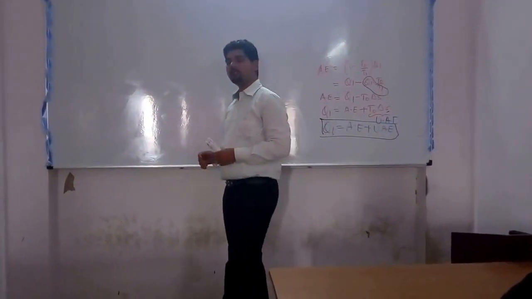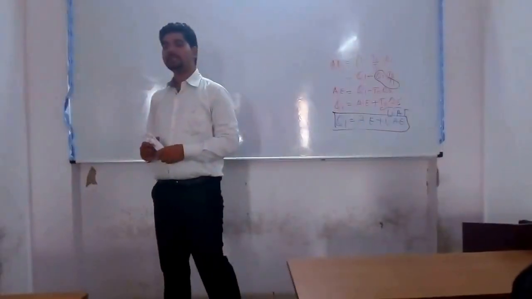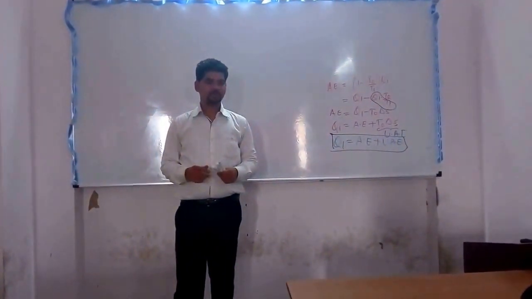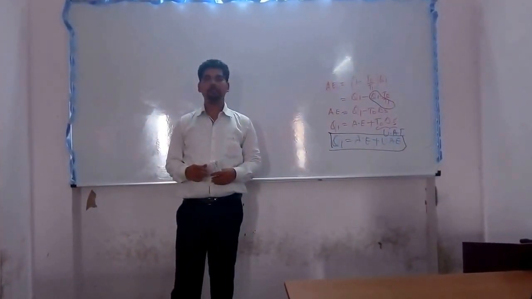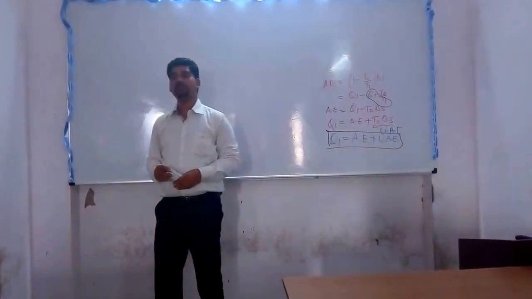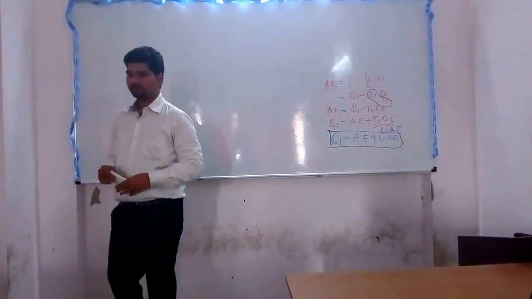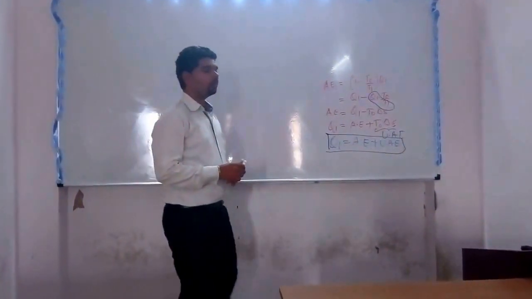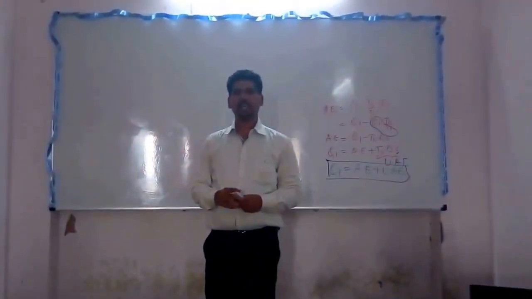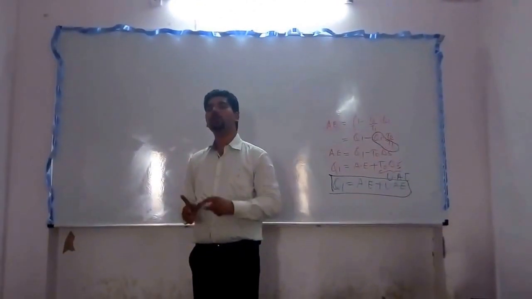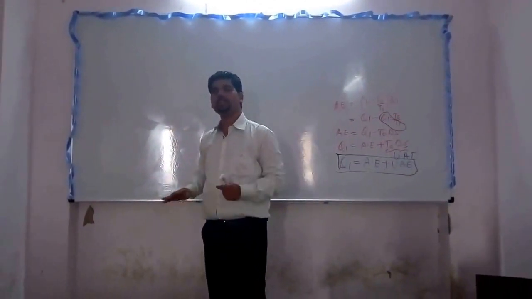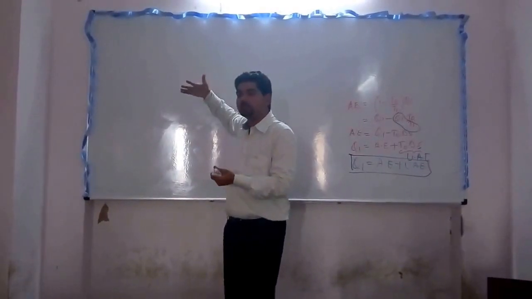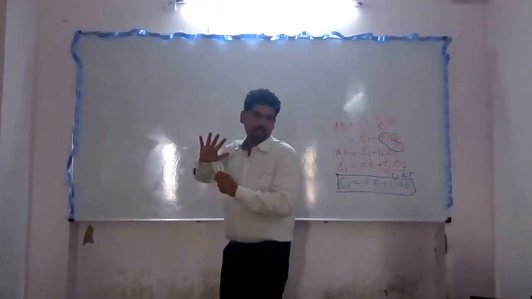Area under the curve below the atmospheric temperature line always gives unavailable energy. If he is asking for the area under the curve below the atmospheric temperature line, it is known as unavailable energy. So put it in your mind, area under the curve below the atmospheric temperature line is unavailable energy.